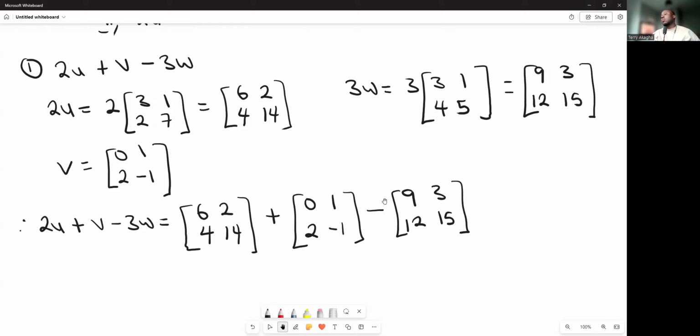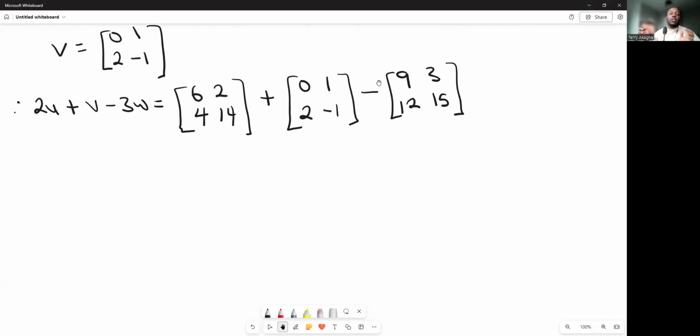Okay. So we can now solve this. So remember in the steps, I told you can solve all of them at the same time to get the answer you're looking for. So now we can solve this together. So we can now go 6 plus 0 minus 9 will give us the first one. The next one, we have 2, we have 1, and 3. So it's going to be 2 plus 1 minus 3.